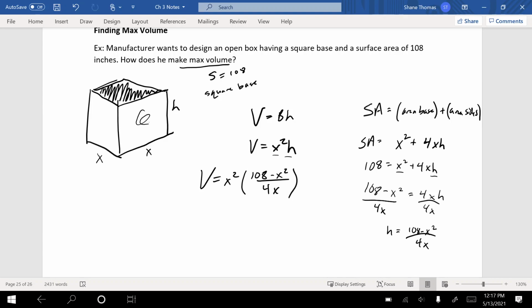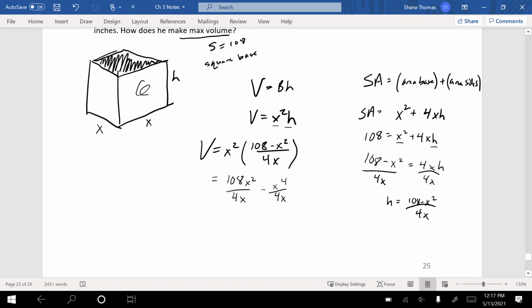All right, so then if I go ahead, I'm going to end up with 108 x squared over 4x minus x to the fourth over 4x, right? I split it up, yeah.